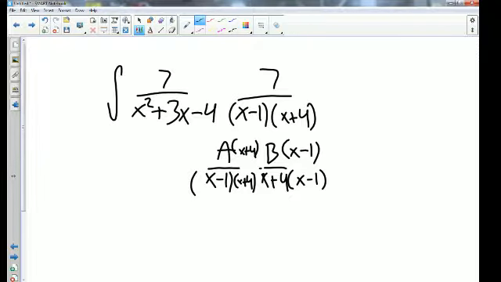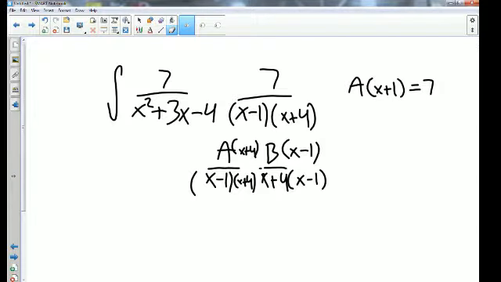And then when you try to find what A and B are, you set A times x plus 4 plus B times x minus 1 equal to 7.